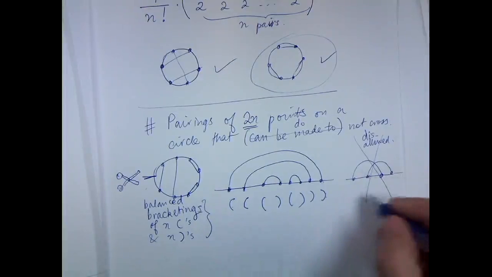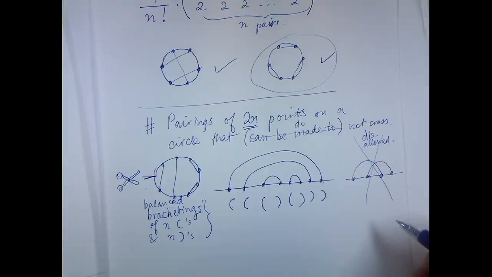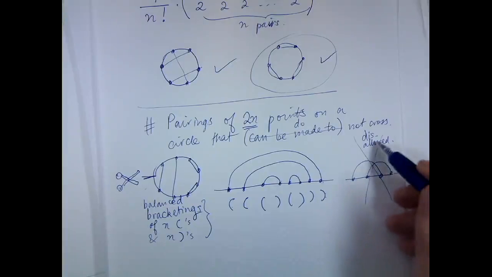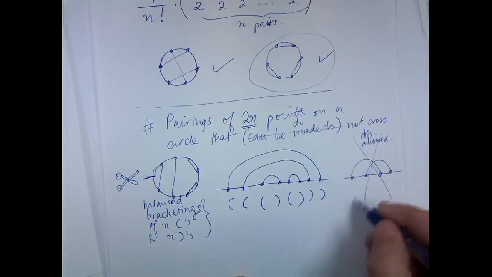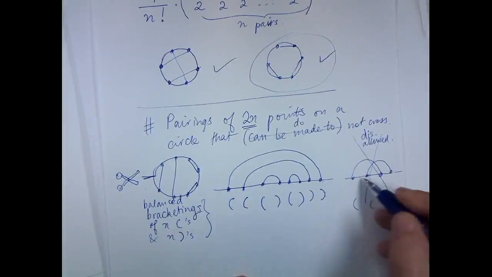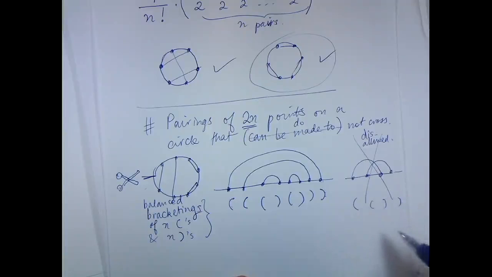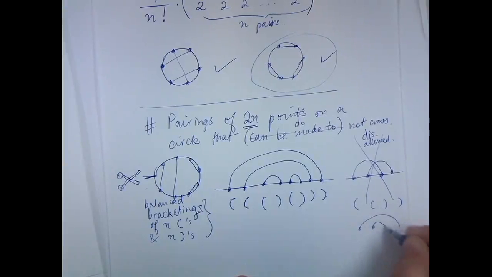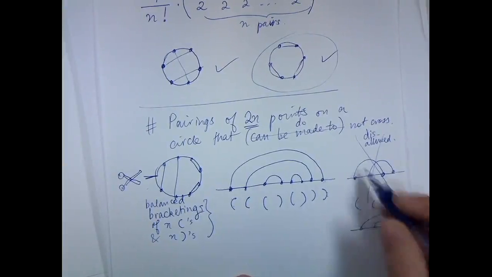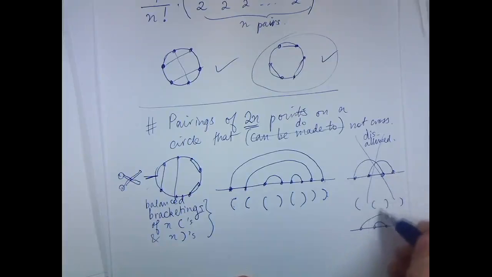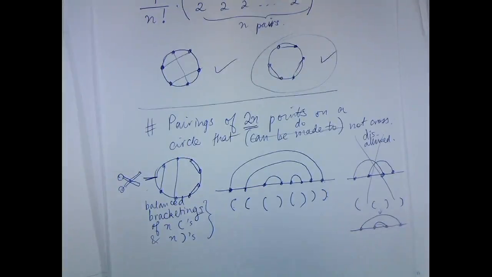Now, it's funny, it seems like this is disallowed, but the corresponding bracketing is not disallowed. Open, open, close, close. That's not disallowed, but it just means something different, right? The meaning of that, if you look at the bijection, even if you tried to do the bijection from this and got that, when you map the bijection back, you wouldn't get the same thing. You would get this balanced pairing that doesn't cross itself.